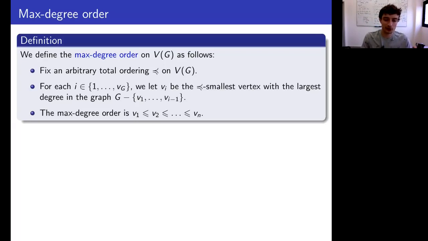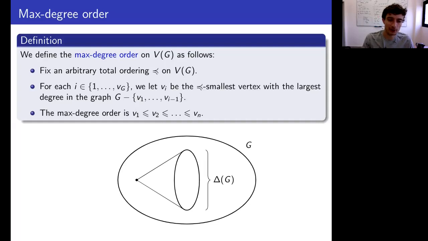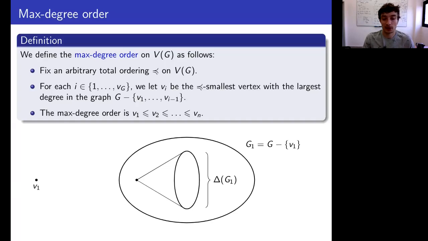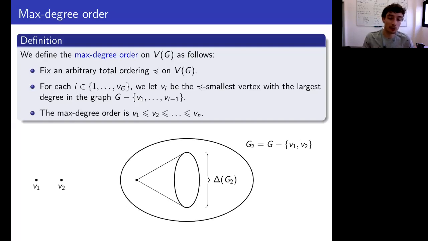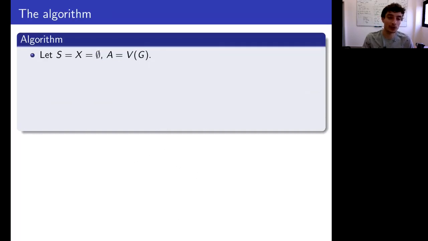So V1 is the vertex with largest degree, V2 is the vertex of largest degree in what remains. So just to illustrate it, suppose we have a graph G, we find some vertex whose neighborhood has largest size, and we label it V1, we take it outside. Now, with the graph with the vertex deleted, we again find a vertex with largest degree in this graph, we label it V2, and we remove it from the graph. And V3, and so on and so forth.